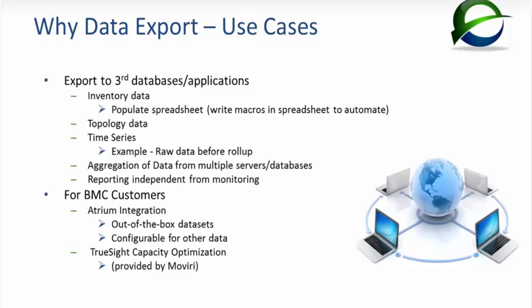For our BMC customers out there, the data export is also the mechanism used for the ASIM integration, and we have some out-of-the-box data sets that you'll see when we go through the demonstration, as well as the ability to configure other data to be exported out. And for those who've got the TrueSight Capacity Optimization product, data export is used via our third-party integration via Moviri, that allows data to be used by the capacity optimization product.